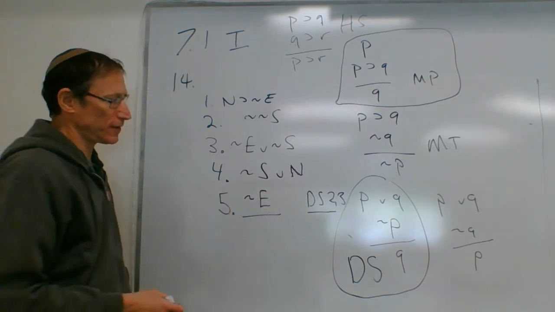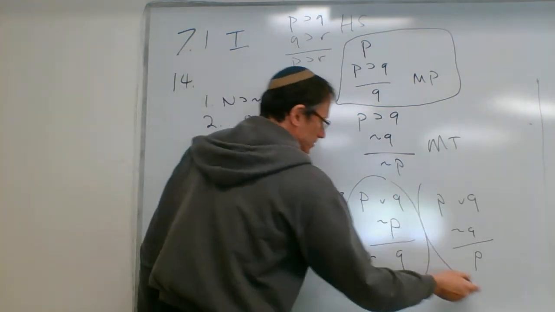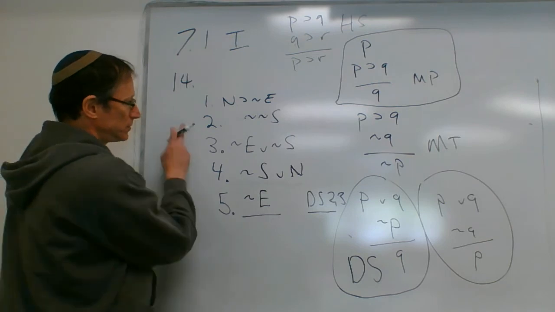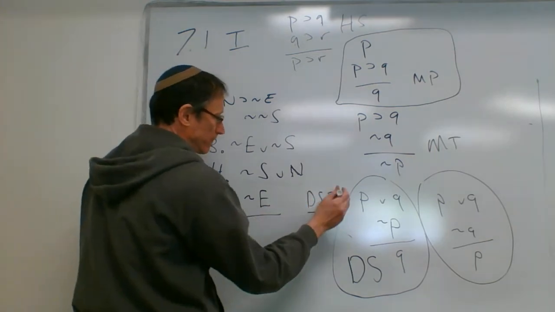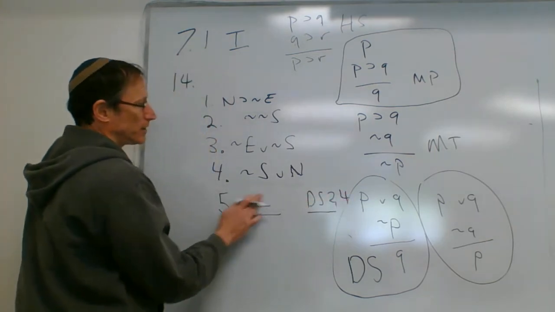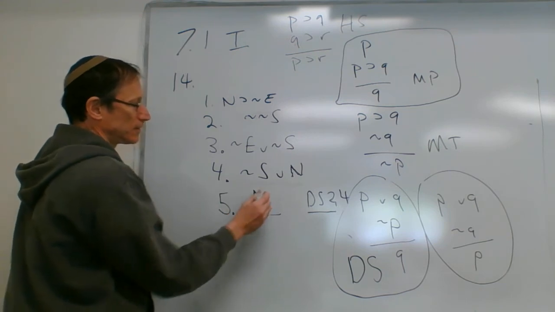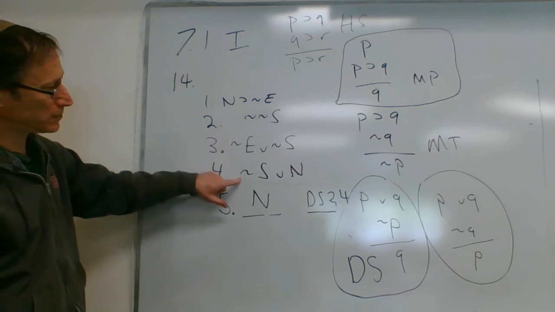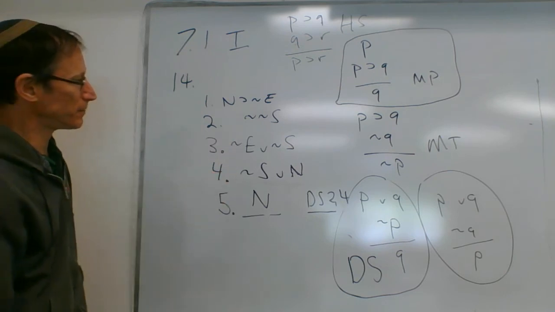I also think if we allow ourselves to do disjunctive syllogism this way, then you could do disjunctive syllogism on 2 and 4, and you would come up with N. Okay? Let's see, I think I said it backwards.